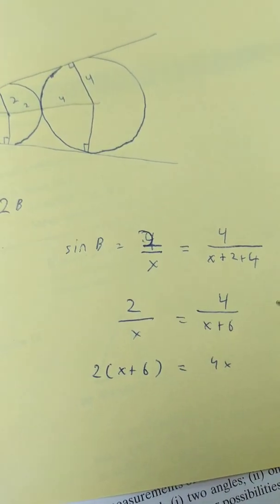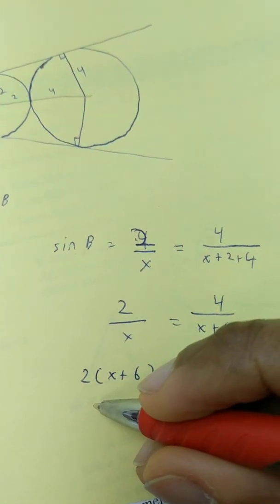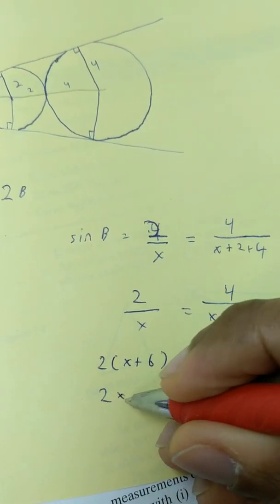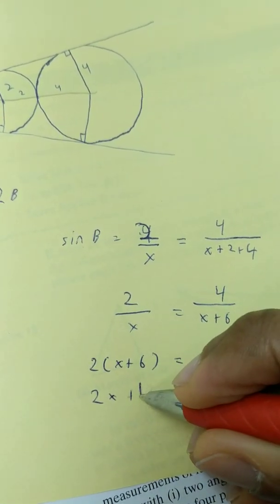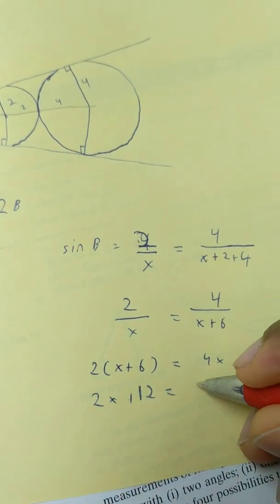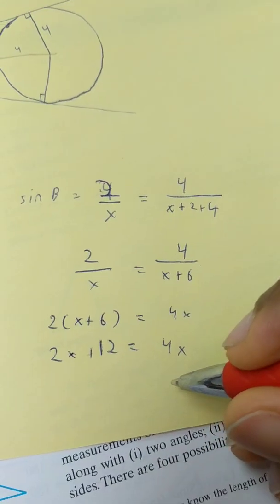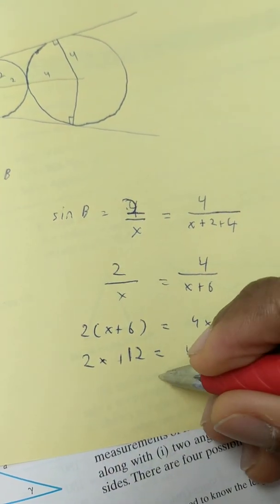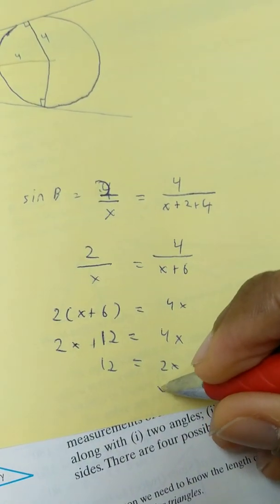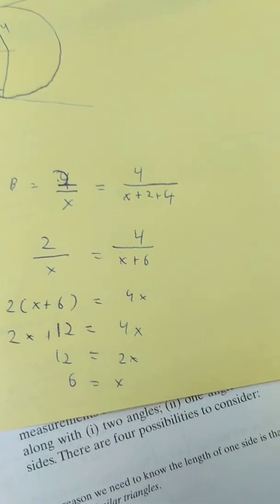I got that by cross multiplying. I distribute. I have 2x plus 12 equals 4x, 2x equaling 12, and x equaling 6.